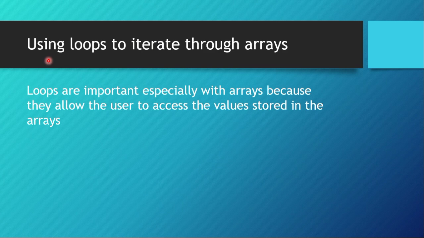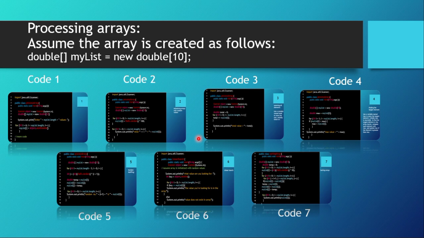You're going to use loops to iterate through everything, unless you are hardcore and want to write in specifically at this point and that point. Basically, we use loops to iterate through arrays, and not just any loops. We use for loops in this case in Java. Loops are important, especially with arrays, because they allow the user to access the values stored in the arrays. So now, what we're going to talk about is processing the actual arrays.